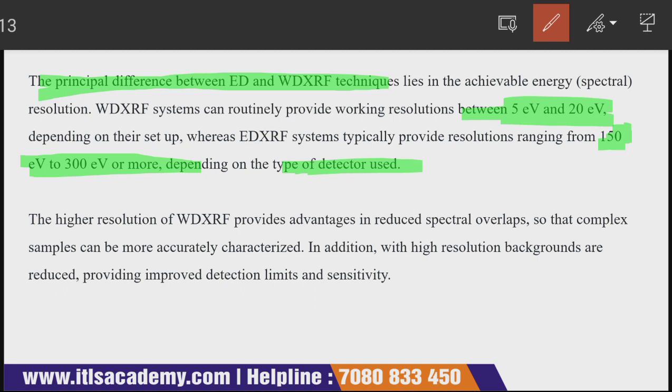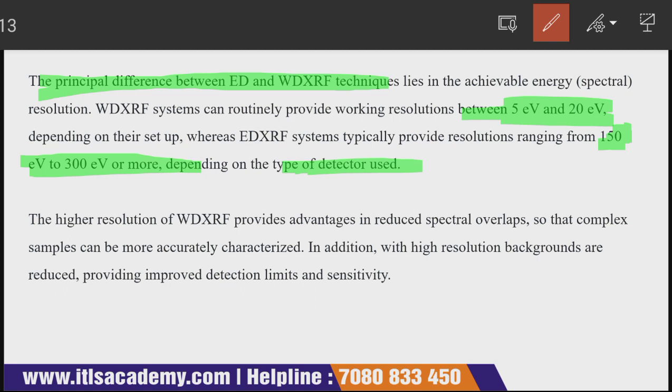The first one is WD, meaning wavelength, and the second one is ED, the energy. So wavelength provides a working resolution between 5 electron volts to 20, whereas the energy gives a resolution of 150 eV to 300 eV or more, depending upon the type of detector being used.